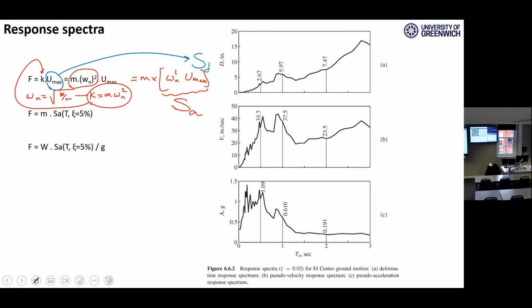We're on record, I don't want to say a non-precise thing. If I want to be precise, it's pseudo spectral acceleration for some reasons, but forget about pseudo.